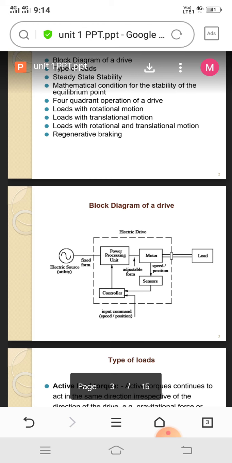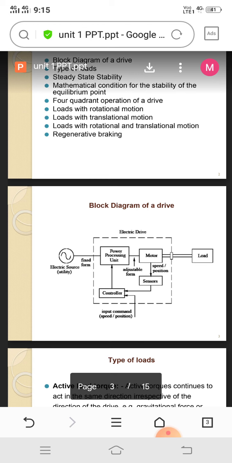Then, followed by the drive system, we have to look at electric drive. Electric drive means any kind of electrical equipment used for controlling the group of elements, which is called electric drive.